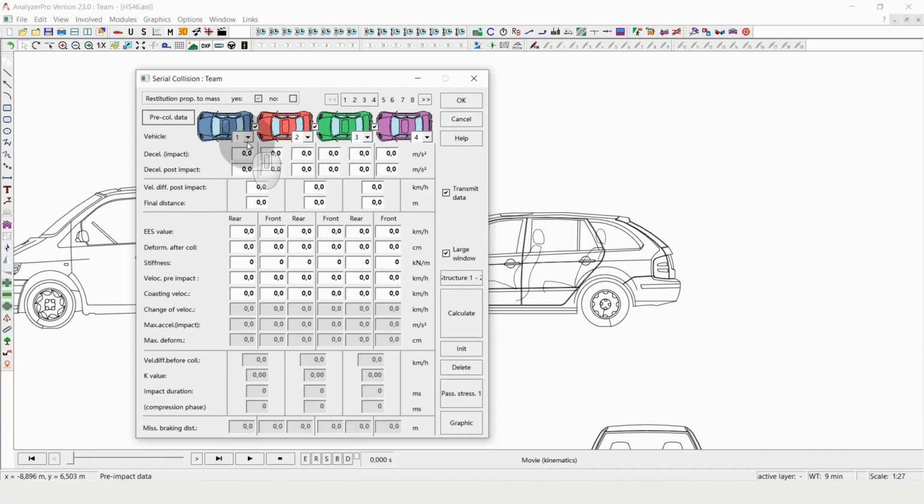Right now we only need 2 of them, so we will exclusively deal with this first column. So the first thing we have to decide is we have deceleration before and after impact. And so in this case we know that the rear one was braking with 7.1.